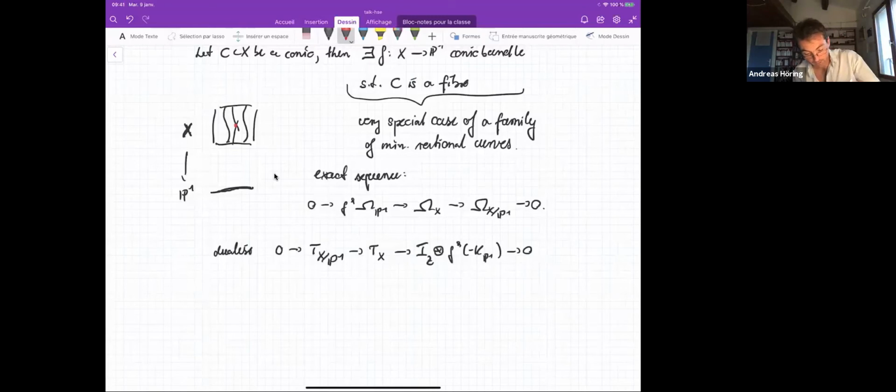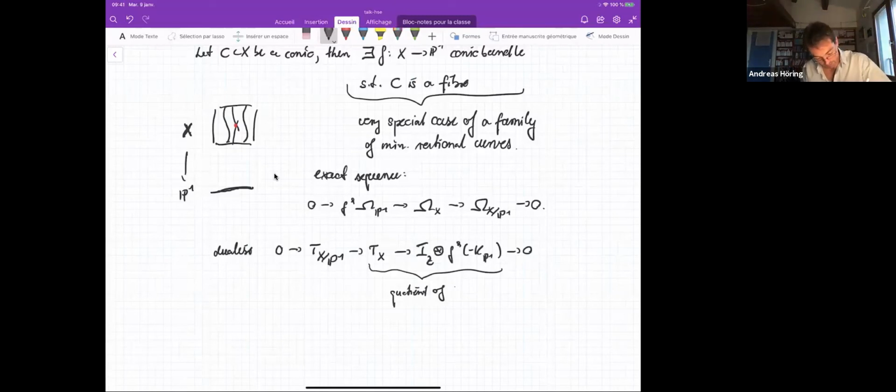Okay, and so you see here you have a quotient of TX. If you look a bit at the definition, you will see that this quotient is exactly the total dual VMRT for this family.